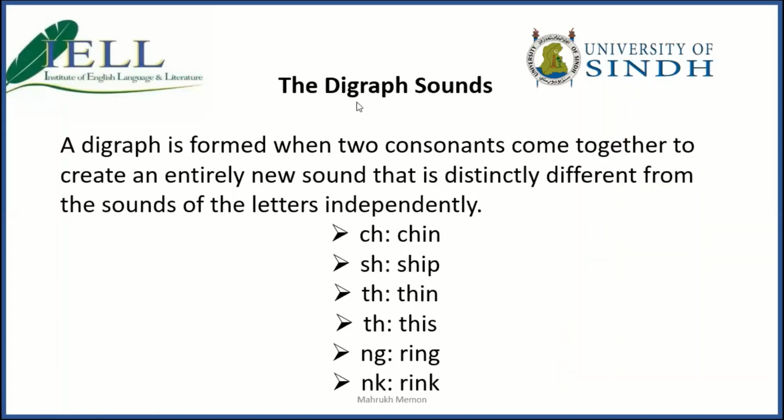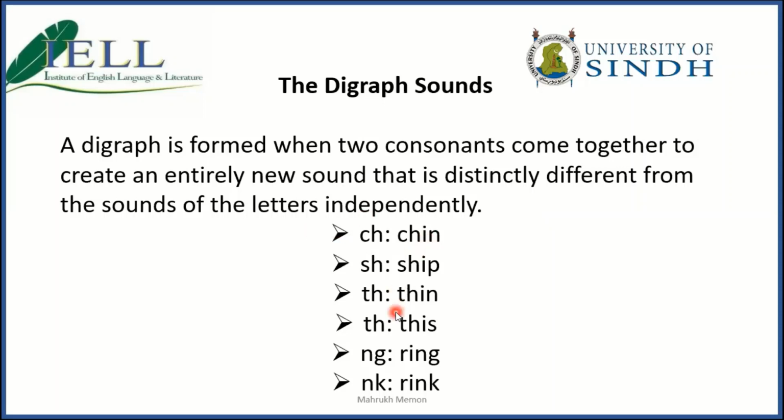Then we have digraph sounds. A digraph is formed when two consonants come together to create an entirely new sound that is distinctively different from both the sounds of the letters independently.